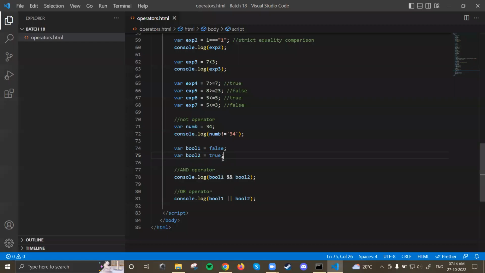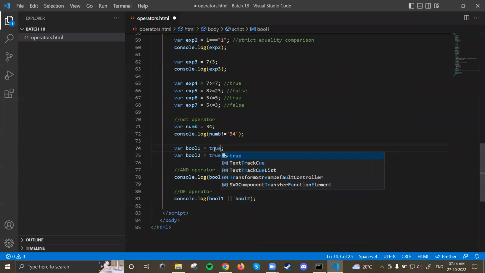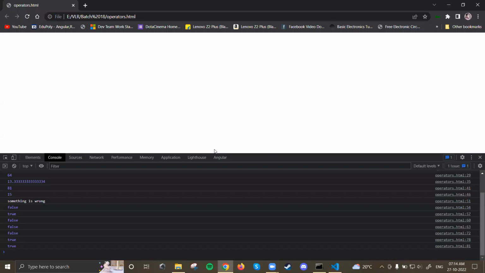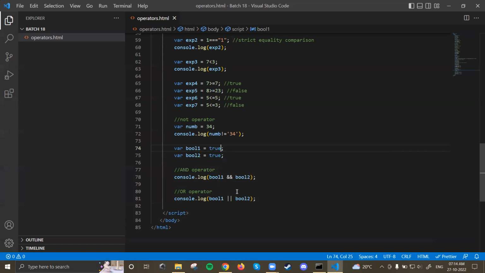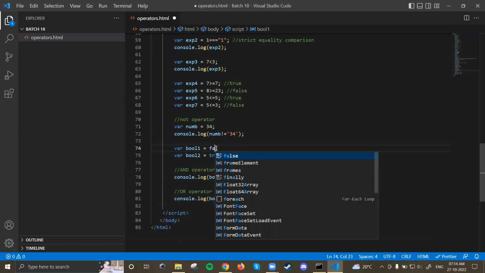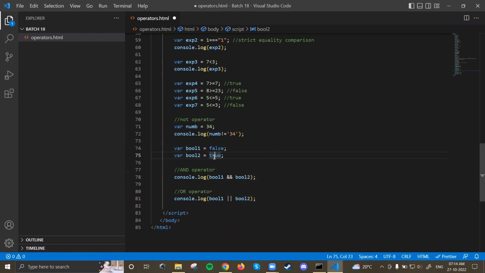If both are true, then also we'll get true because it will check only one condition, that is any one of them true. Now if both are false, what will happen? What will be the output if both are false? It is asking, is any one of them true?